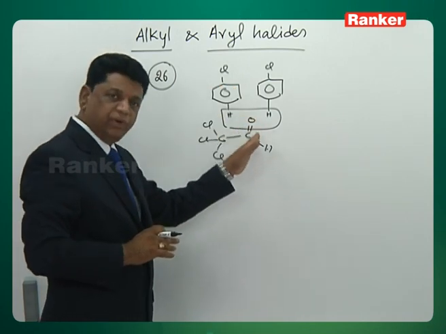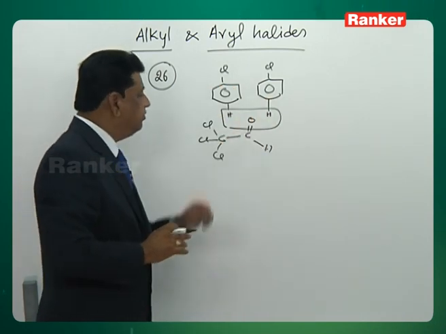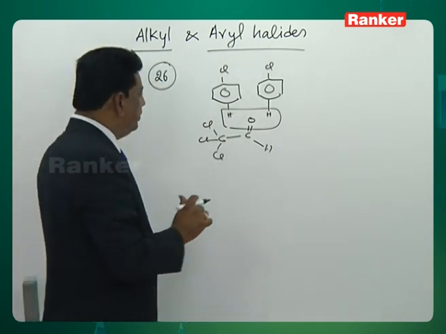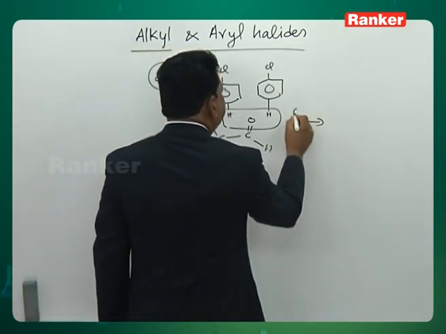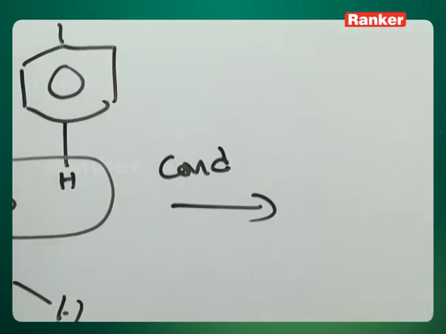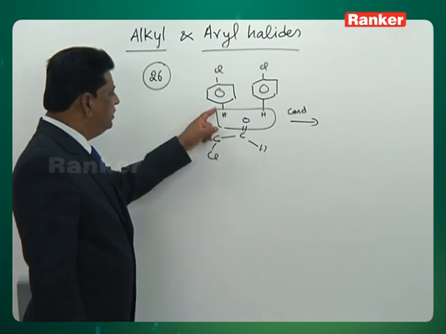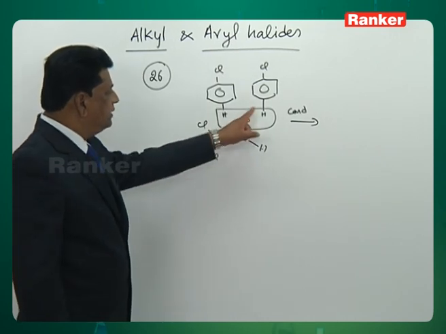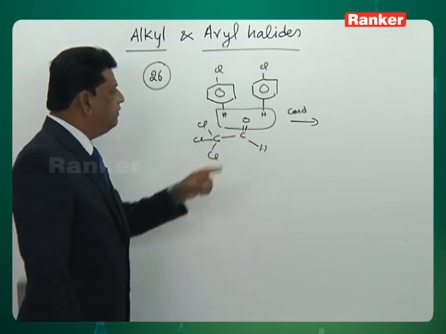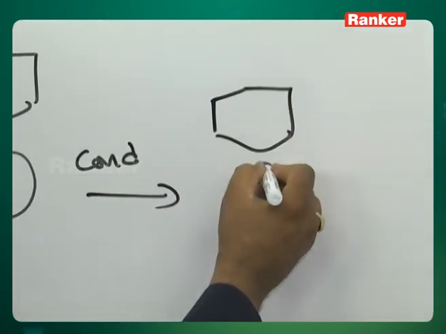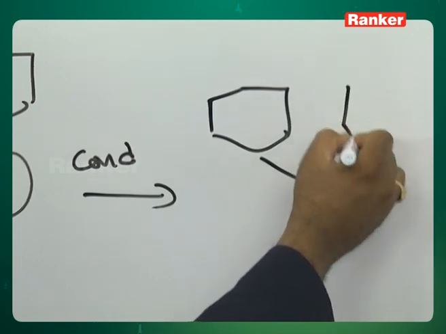The OH comes, and OH is replaced by the negative part of this one. It's a nucleophilic addition followed by substitution, but we can say it is a condensation reaction. So first nucleophilic addition followed by the substitution of the OH with the phenyl minus. So finally the compound gives 2 phenyls linked to the carbon.